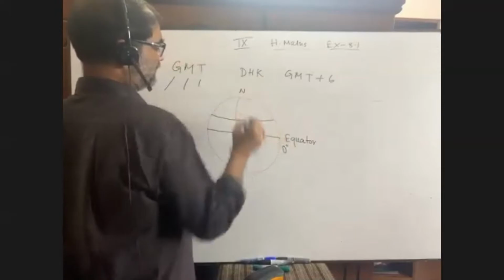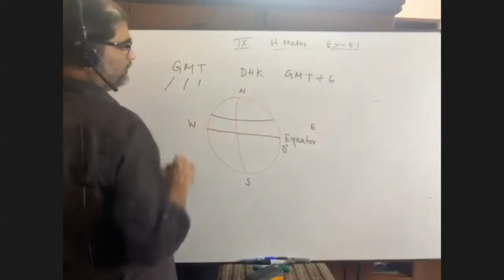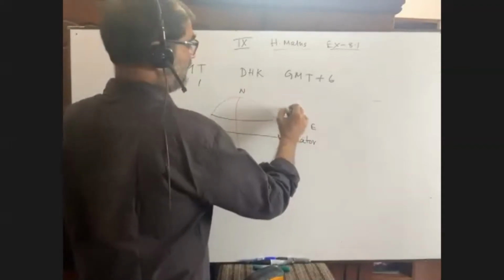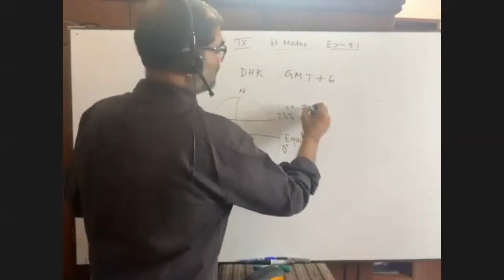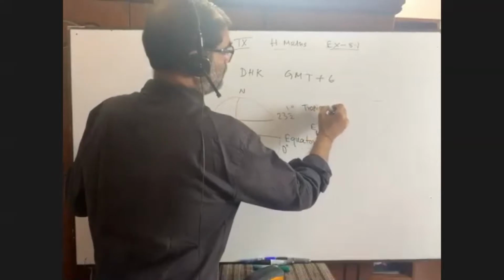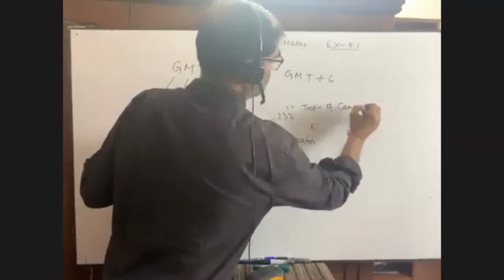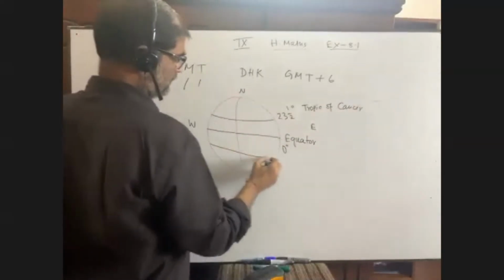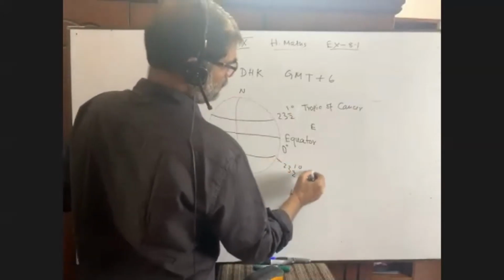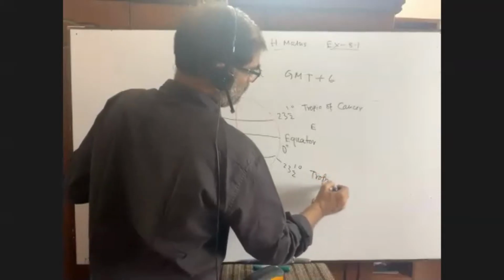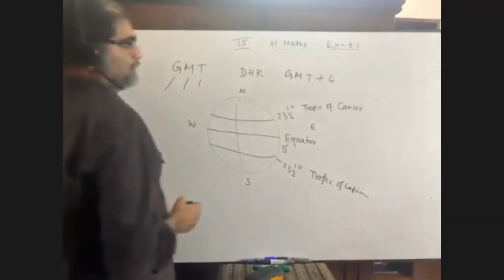It is north, it is south, it is east, and it is west. This line is 23.5 degree. What is the name of this? Tropic of Cancer. You're right. And this is the Tropic of Capricorn.